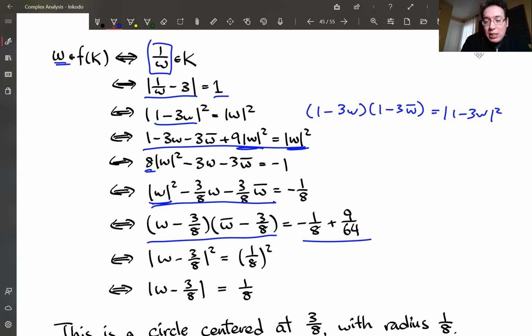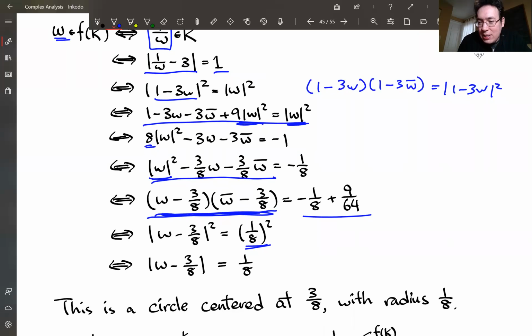And on the right-hand side, I just have the constant negative 1/8 plus that. So the left-hand side becomes the modulus of W minus 3/8 squared. And the right-hand side becomes 1 over 8 squared. So here's what I got.